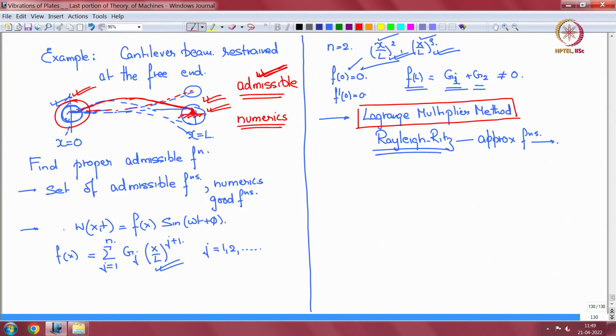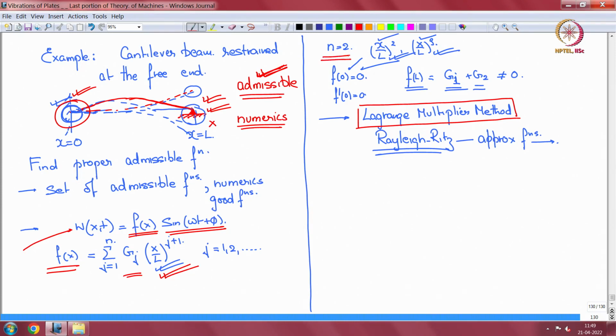So what is it that we have? We have w(x,t), the mode shape vibrating freely at the natural frequency, and that special function is now a weighted sum of the original admissible functions which do not satisfy the constraint. We were taking an example for n equal to 2.